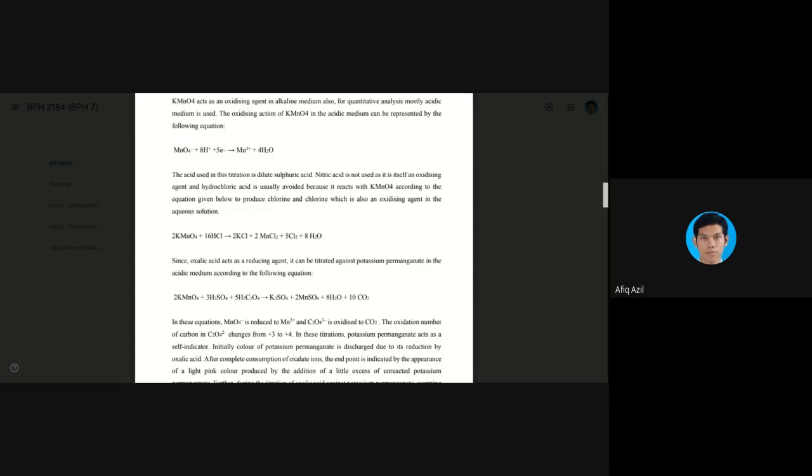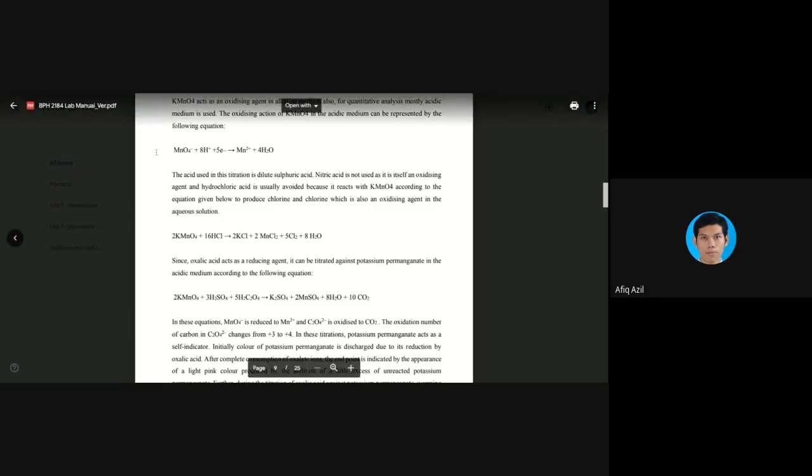It is suitable to be used as a standard to standardize any solution, because oxalic acid is very stable. So if you prepare it at 0.1, it will still give you the exact amount, 0.1.